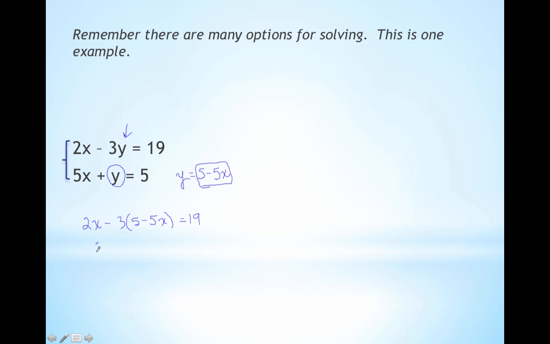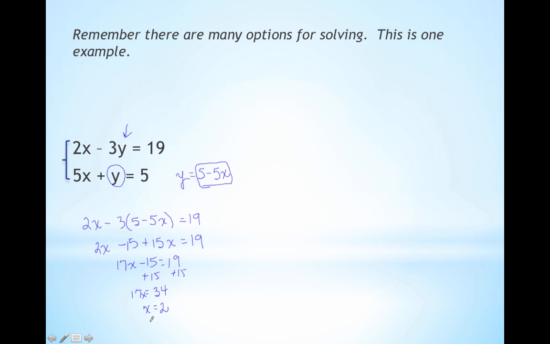Well, I'm just going to simply solve, 15 plus 15x equals 19. Then I have 17x minus 15 equals 19. So I have 17x equals 34, so my x equals 2.